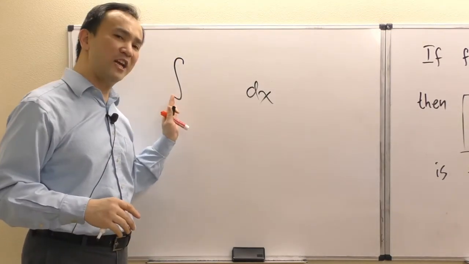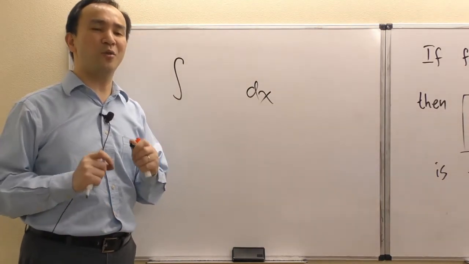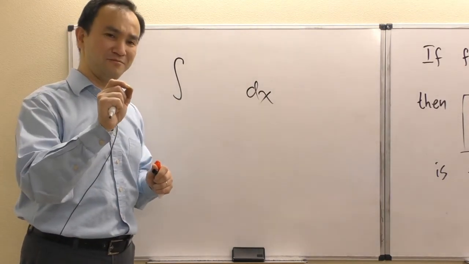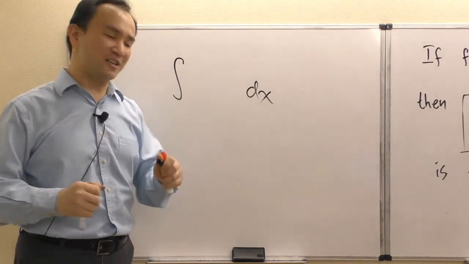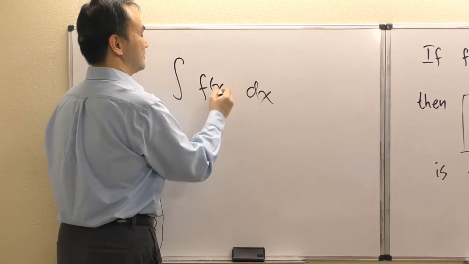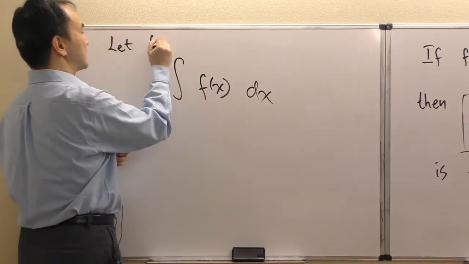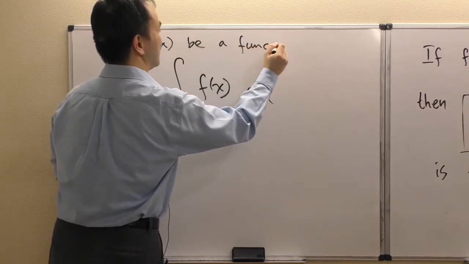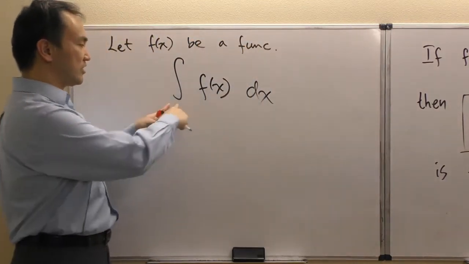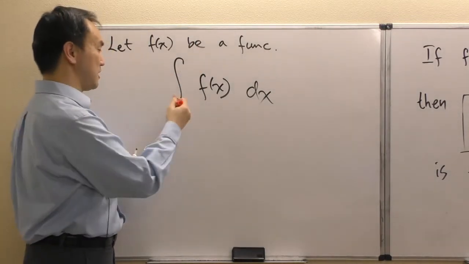For now, I only introduce the symbol as a way to instruct my students to find the antiderivative. Let f of x be a function. So this is what the symbol looks like.